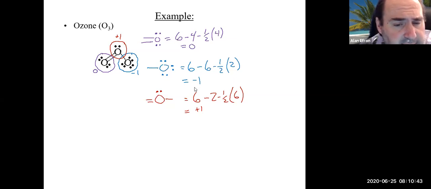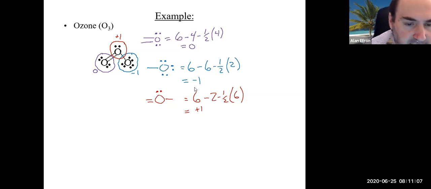And that'll give you the formal charge of everybody that's there. Now, one practical application of formal charge, which we'll talk about in just a second, is that it can help you decide between perhaps two different structures, which one might be a better structure, which one might be a worse structure.